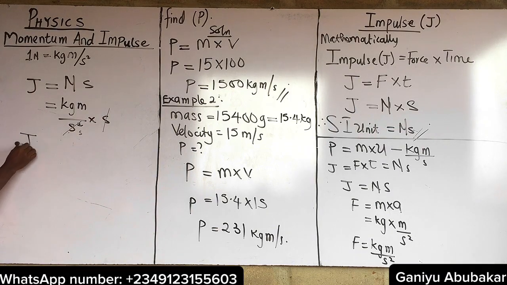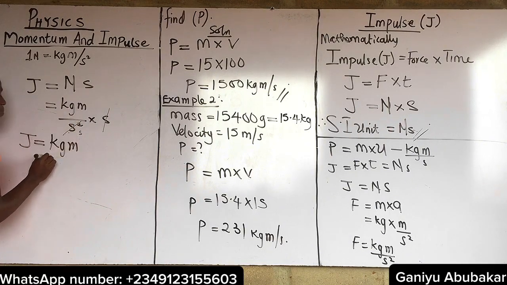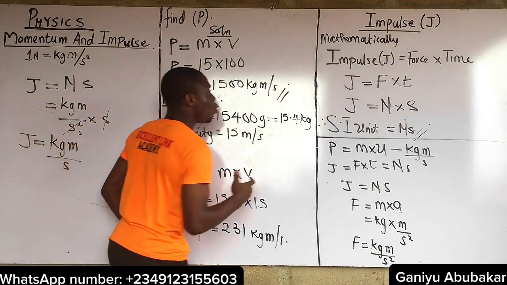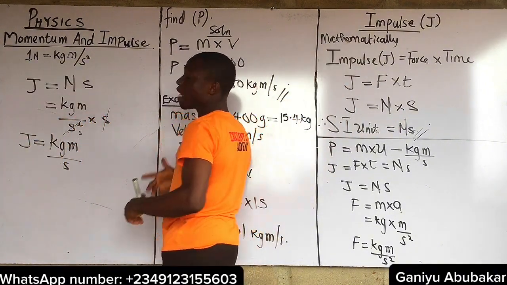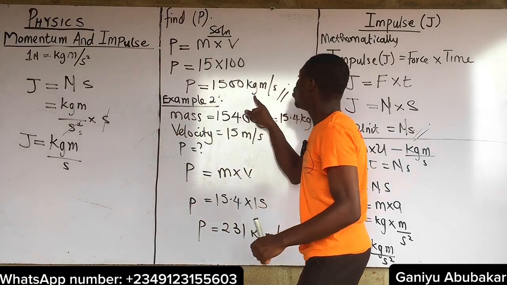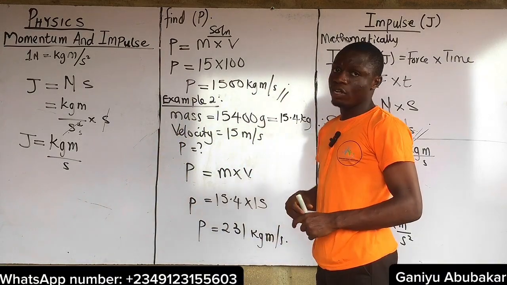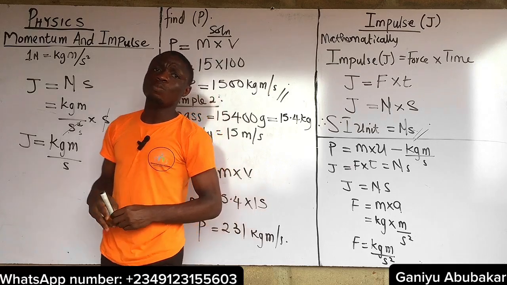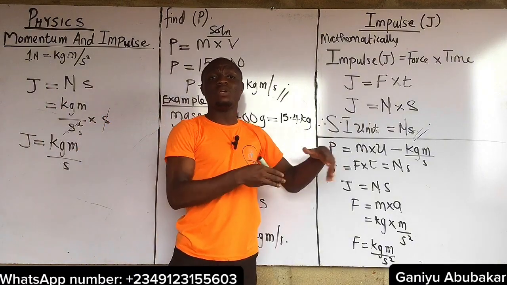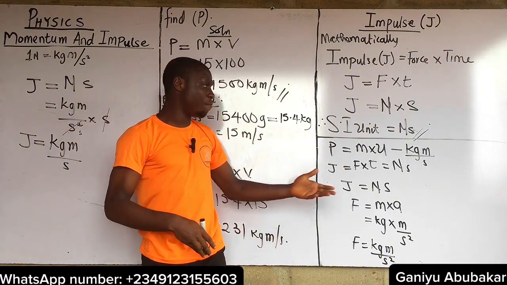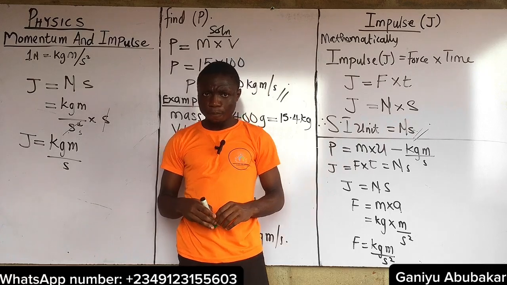So impulse is equal to kilogram meter per second. So observe that the SI unit for impulse is the same as the SI unit for momentum, as you can see. So impulse and momentum have the same SI unit, right? Technically, as I have proved to you now.